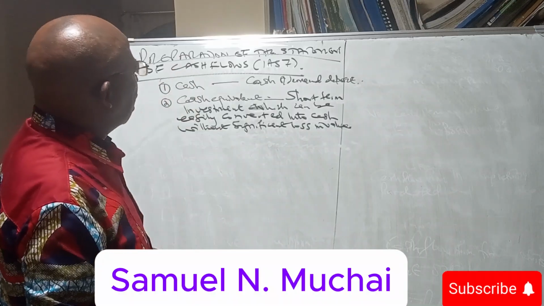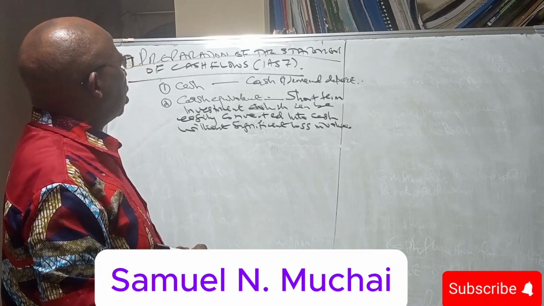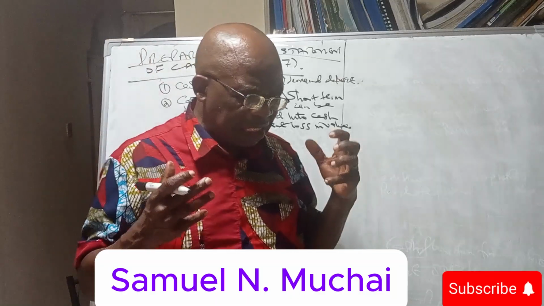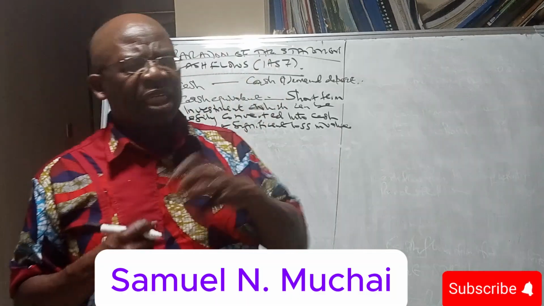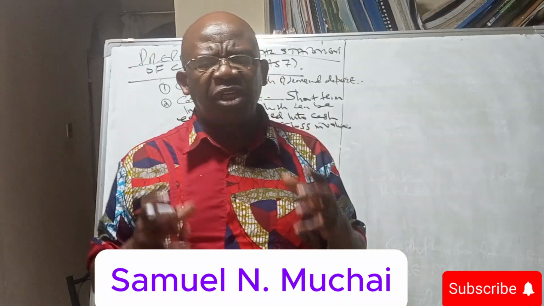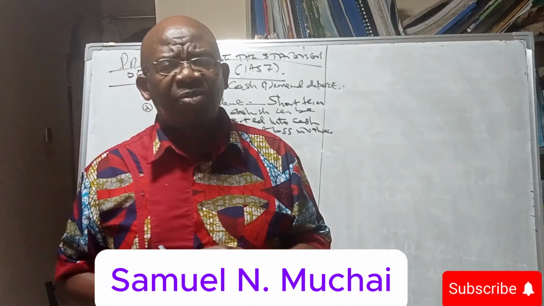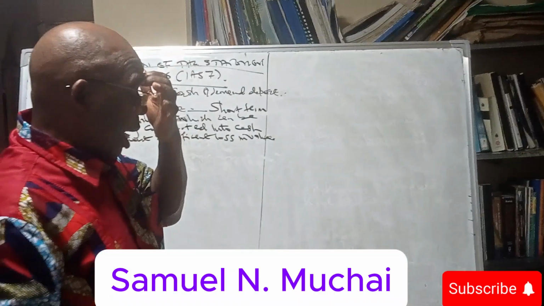So when we talk about the preparation of the statement of cash flows, out of my 16 years of training, the things I want to explain to you are things you don't get in conventional books, but I have come to develop them.